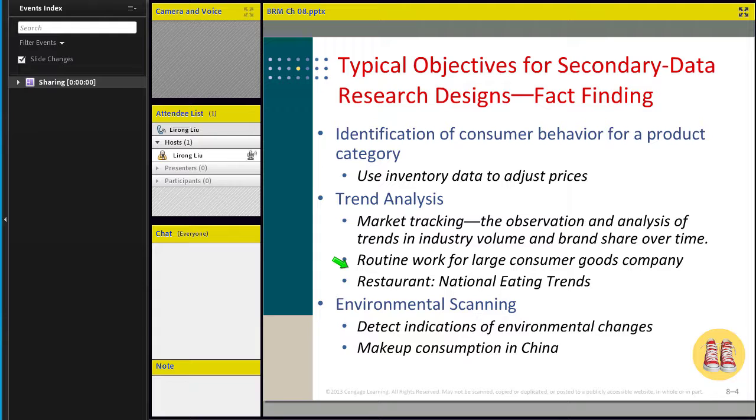It could also be routine work for large consumer goods companies. They need to, again, analyze the trend to make sure they are offering the products that consumers want. Restaurants, very important. Our tastes change, and the food we prefer also changes. I remember talking to someone who said that in the past, when you thought about Asian food, there was a lot of Chinese food, but nowadays you can find more food from other Asian countries than Chinese food, right?